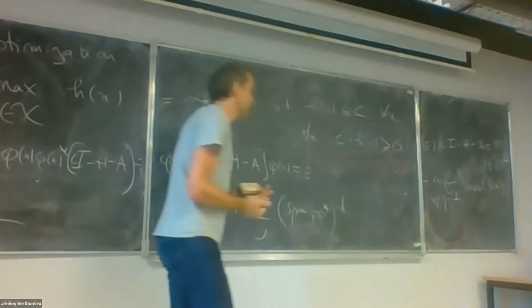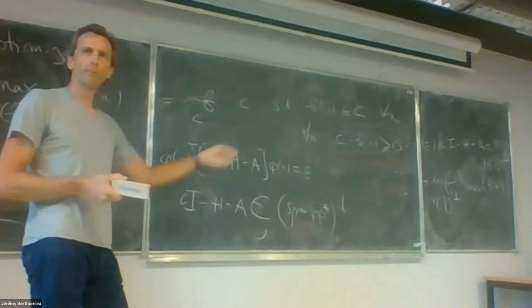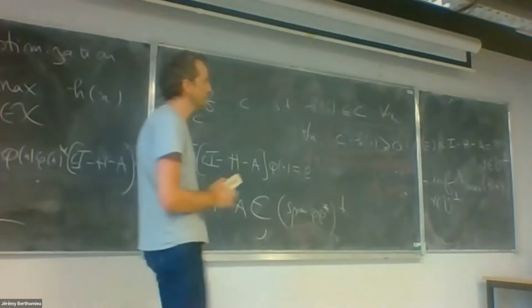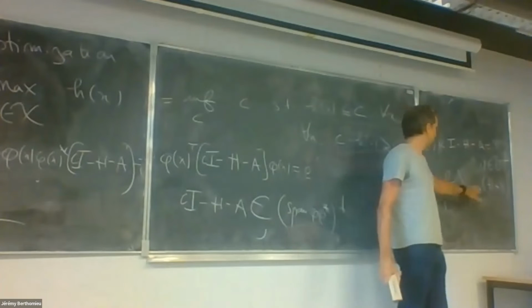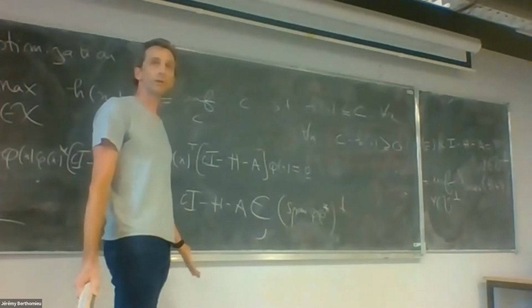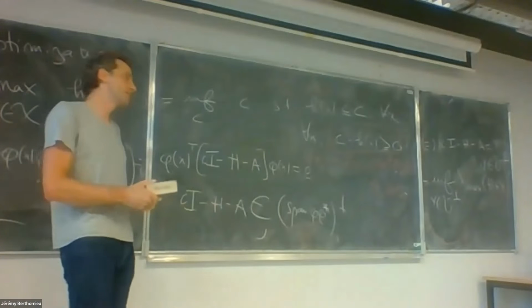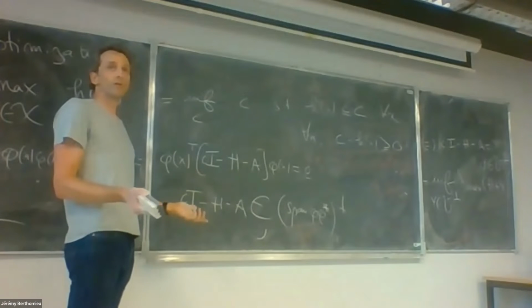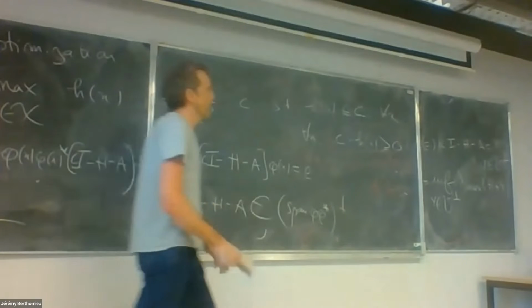What I like in this one is that you get back lambda max, and I think from one of the papers you recover something of a similar nature. So if y is 0, you get lambda max of h, a traditional spectral relaxation of optimization. Here I'm using the fact that P of x has norm 1, so I optimize over all elements of norm 1, not only the ones that can be written P of x.